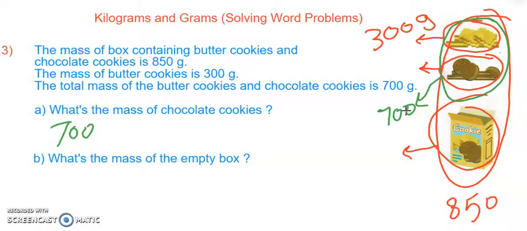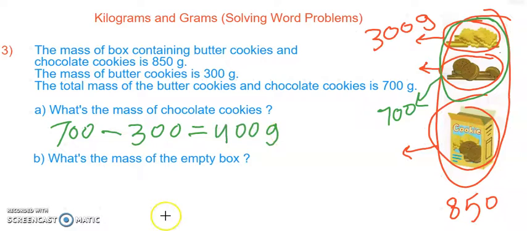700. Okay. We minus this number by 300. Minus 300. Why did we do that? This is because 700 is the mass of butter cookies and chocolate cookies, and when we minus only the mass of butter cookies, we will get the mass of chocolate cookies, which is 400 grams, right?